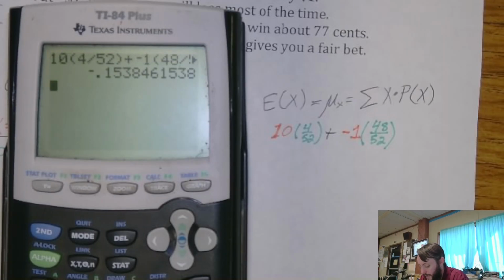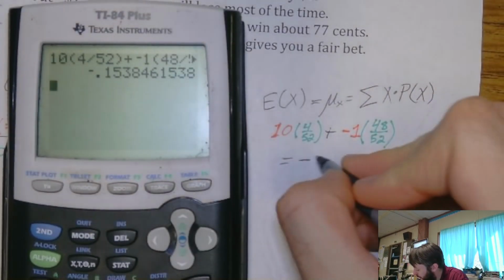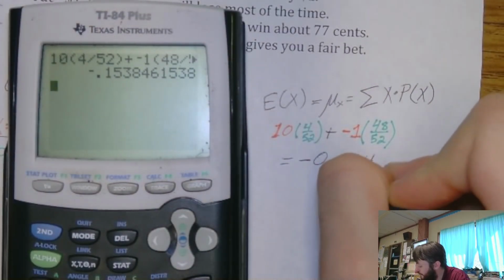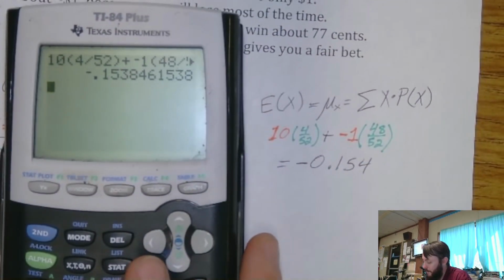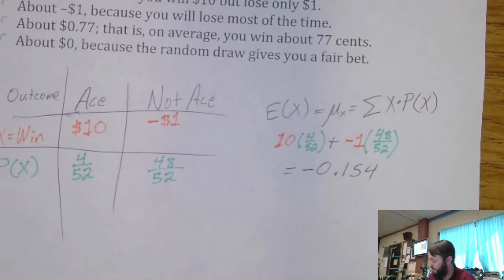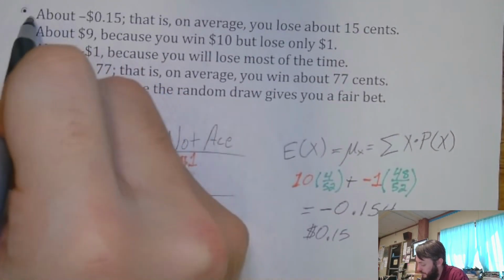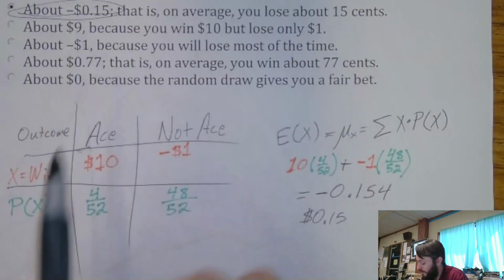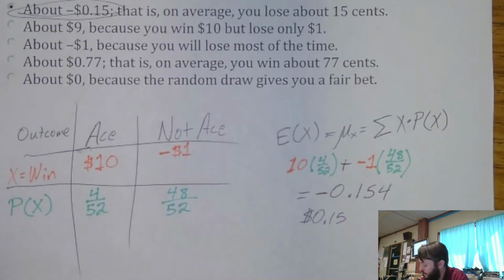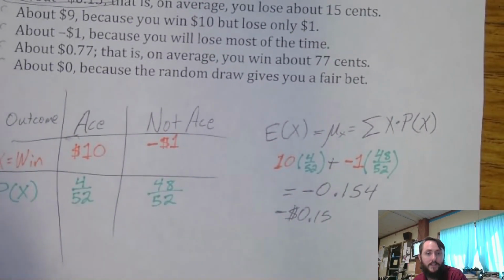When we hit enter, we get negative 0.154, or about 15 cents. So our expected value, the mean, is about negative 15 cents, which means, because negative means that we are losing money, on average in the long run, we would lose 15 cents per turn.